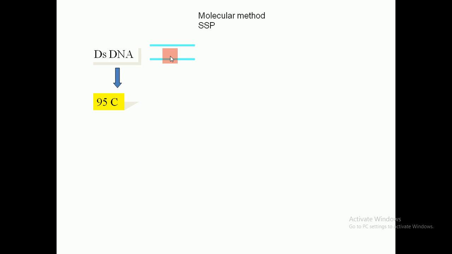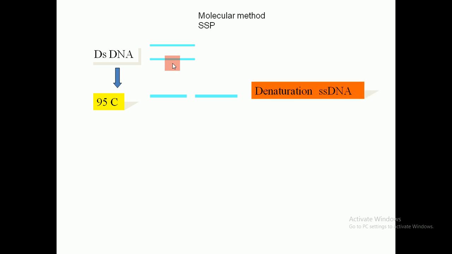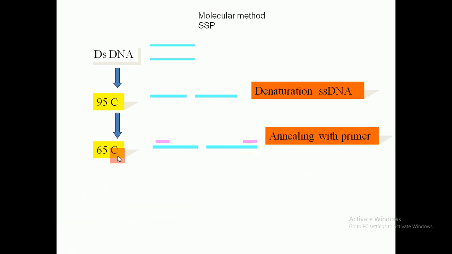The PCR changes the temperature starting from 95 centigrade, leading to denaturation of the double-stranded DNA into single-stranded DNA, and then the machine will decrease the temperature to 65 centigrade, and this leads to annealing of the primer if it is compatible with the DNA.